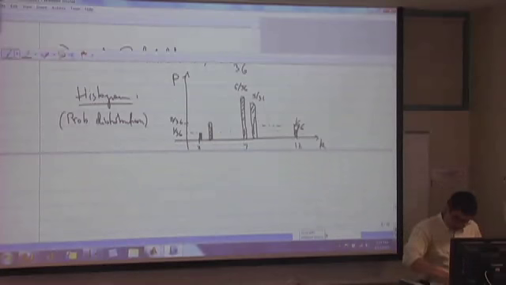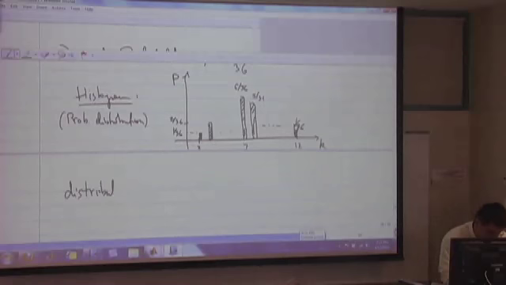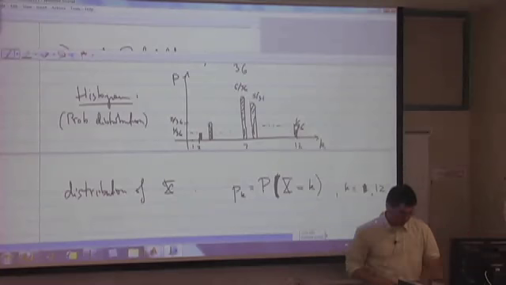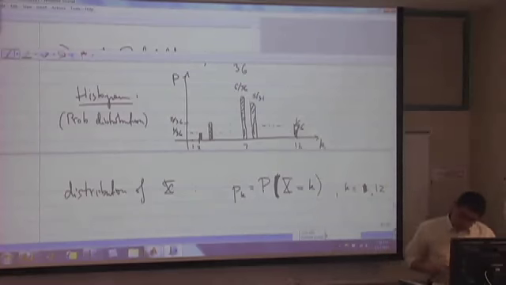So the distribution of x is given by these numbers, which are the probability that x takes value k, and k goes between 2 and, well, it could actually start with 1. The only thing is when k is 1, that's 0, right?